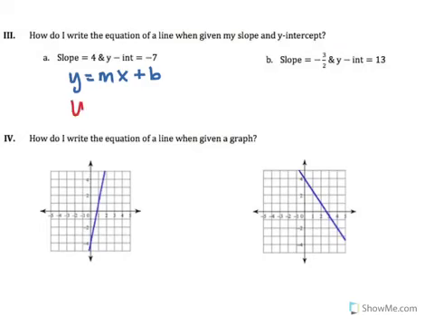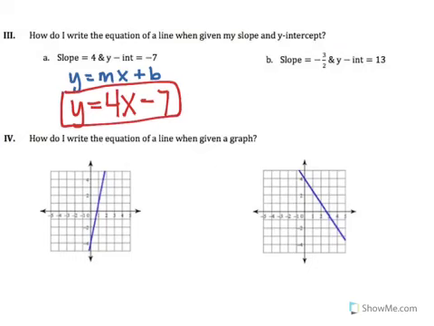So I can say my equation is y is equal to, my slope is 4, so I put 4x. And my b is -7, so I just put -7. Nothing more, nothing less. Same thing goes for b. I have y is equal to mx plus b.